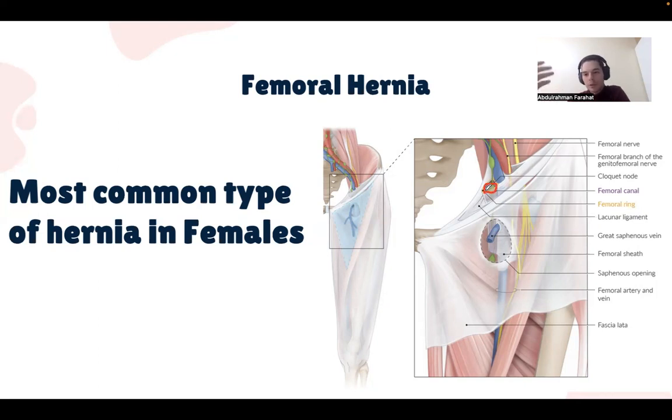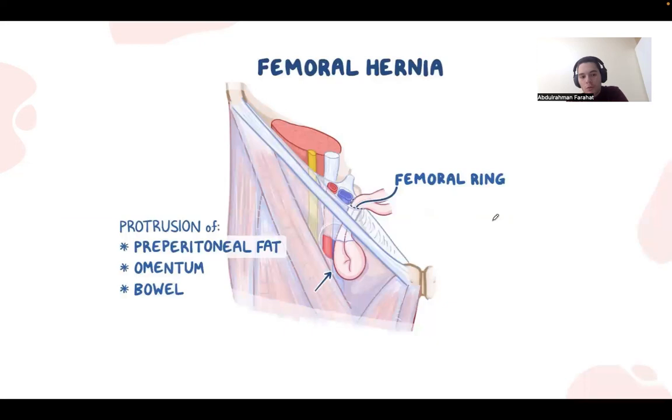It contains a lot of the blood vessels and nerve supply for the lower limbs in general. And so the loops of intestine would usually protrude into the femoral ring and go all the way down and exit through this opening right here, which is called the saphenous opening. So it would look something like this. The loops of intestine would enter through the femoral ring, exit through the saphenous opening.